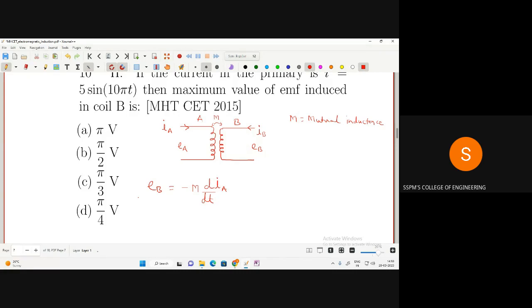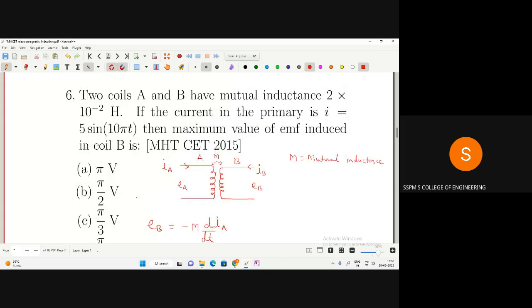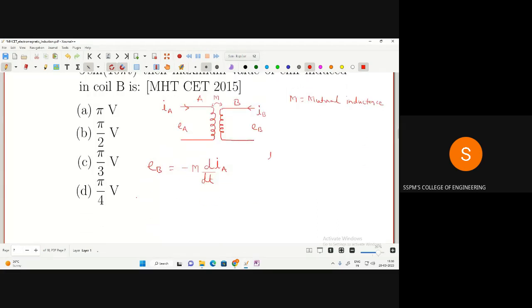This equation is also obtained with the help of Faraday's law, where you know the mutual inductance into current gives the magnetic flux, and the rate of change of flux gives the EMF induced. Are you getting it? The current I is a function of t. The current IA is given, it is equal to 5 sin 10 pi t.